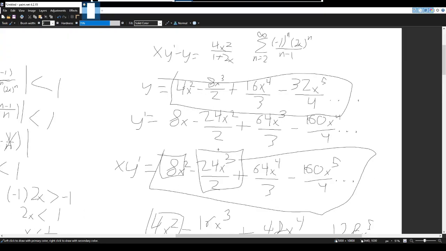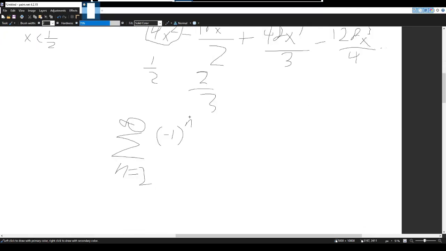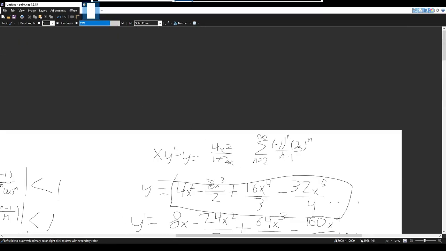So our positive, and then we're going to want the 2x, because every time we're multiplying by a power of 2 and the x is increasing. So we start at n equals 2, so that'll be 4x squared, and then divided by n minus 1. So this is the same thing as we had.